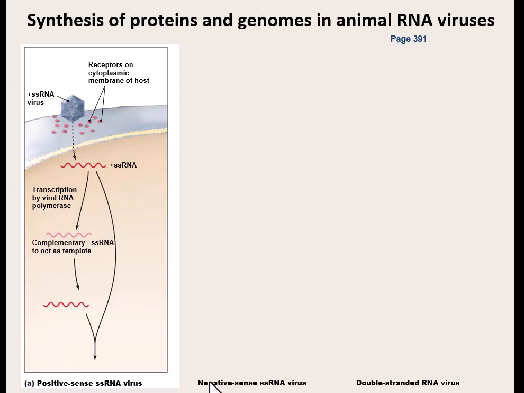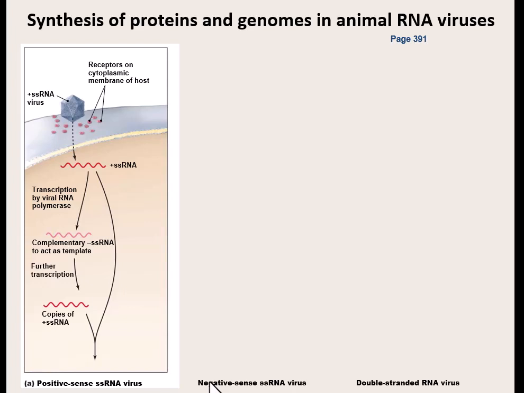So that's why on this picture, once that single-stranded RNA gets inside the cell, the very first thing our cell will do is make a template. It makes the opposite. And from that template, our cells now become mass-producing factories of that positive sense single-stranded RNA. And you can make lots and lots of copies.